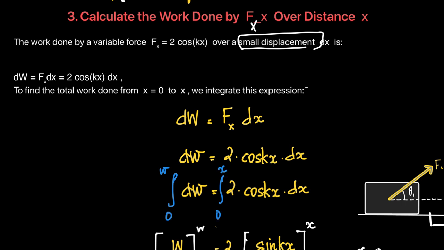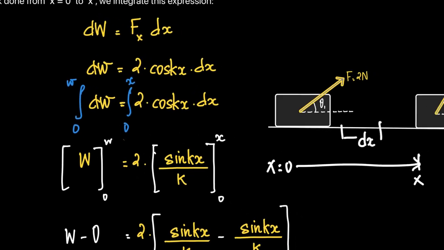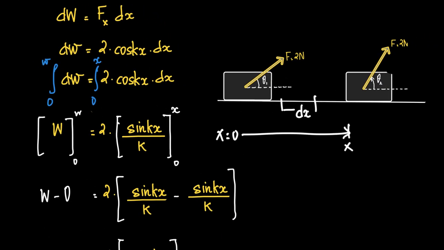Work done would be from 0 to W. In which case, we can say the integral of dW is W, and the integral of cos kx is sin kx by k, where k is a constant. Now applying limits, sin kx at x minus sin kx at 0, sin k into 0.